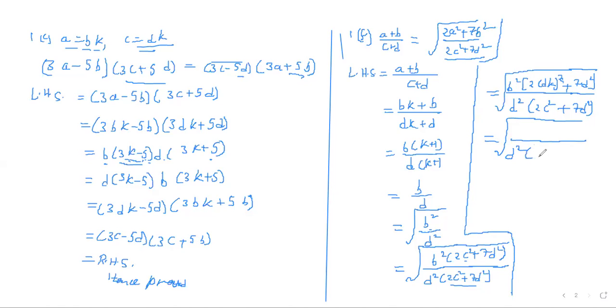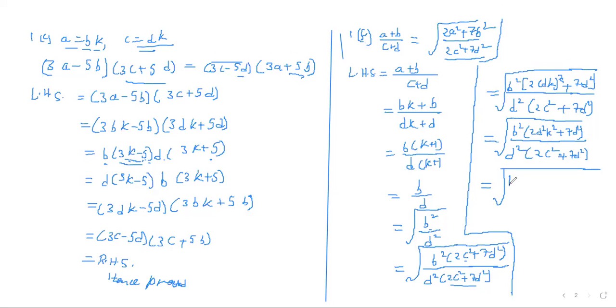Then in the next line, again denominator is same. 2c square plus 7d square, and in the numerator, when we open the bracket, d square k square plus 7d square. So d square is common.